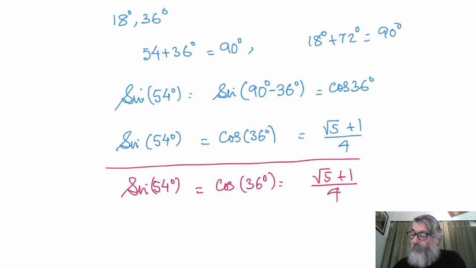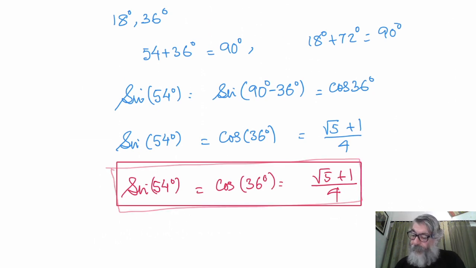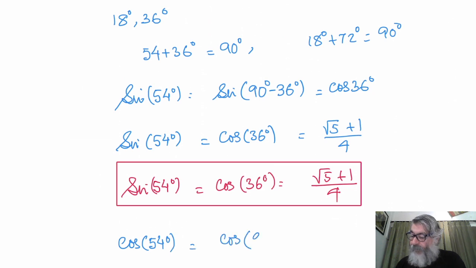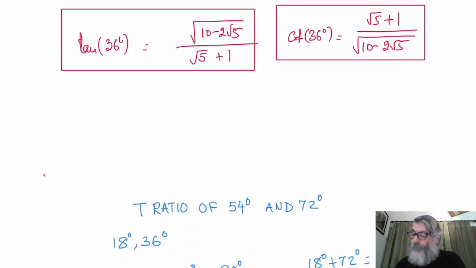Okay, now let's calculate cos 54. Cos 54 means cos of 90 minus 36, that is sine 36 degree, and sine 36 we have just calculated here. Sine 36 was under root 10 minus 2 root 5 upon 4.